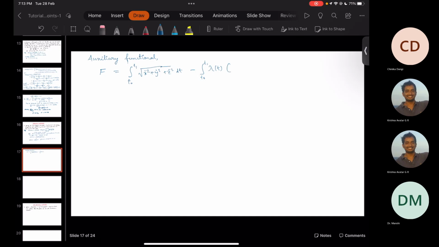So it is x squared plus y squared plus z squared minus a squared, integrated. Fine.